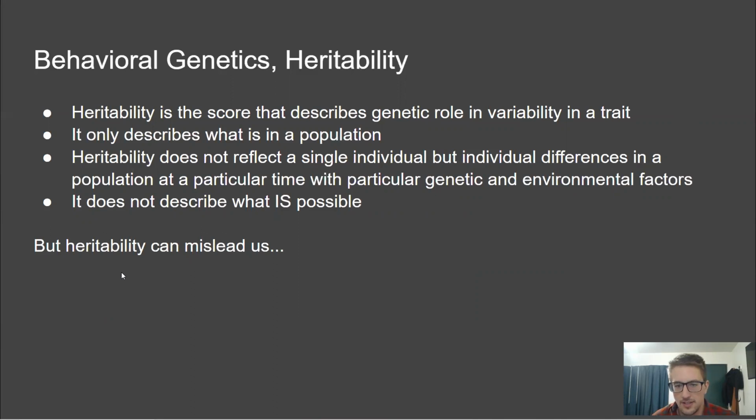And it doesn't reflect a single individual, but individual differences in the population at large. And that is in a certain time and in a certain environment, obviously, but GWAS don't really control for the environment in most studies. They're mostly just looking at what the genes are doing in this environment, at this particular point in time. It's not describing what is possible in a population.